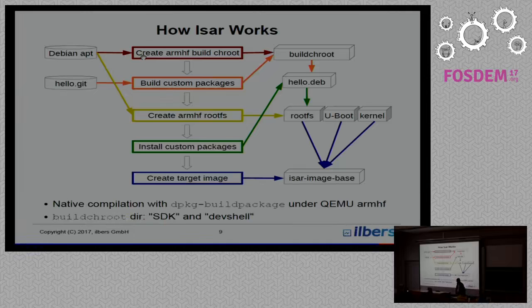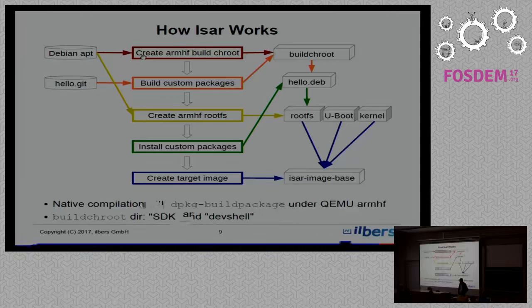Then we actually build these packages there, like in this example Hello Git, in this build chroot. In the current implementation, it is an ARM chroot, and we run it with QEMU and build the packages with the standard dpkg-buildpackage toolset.